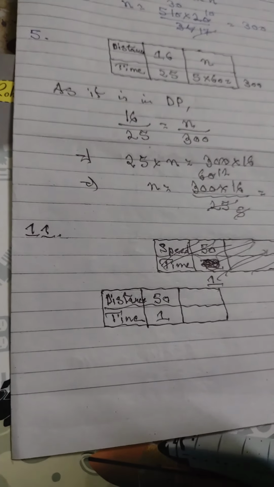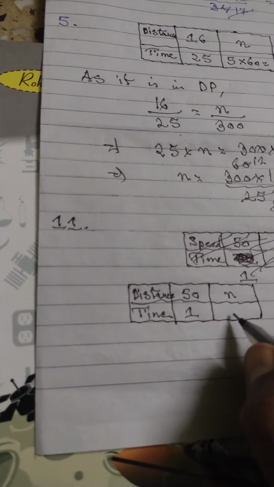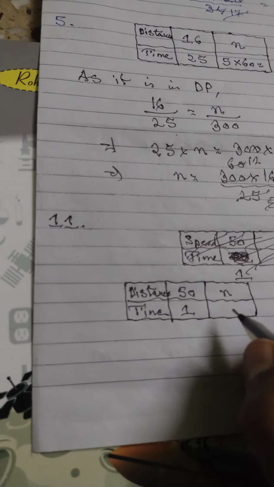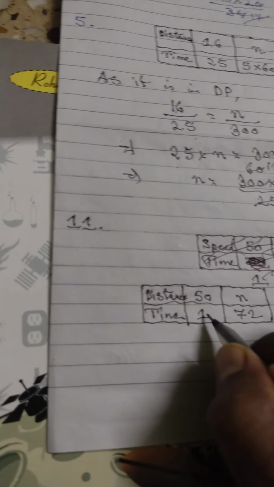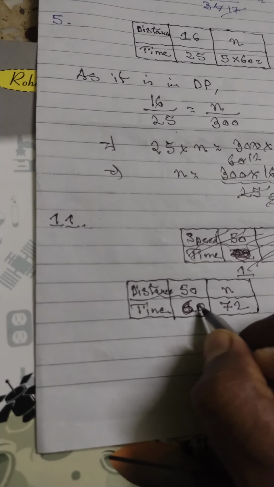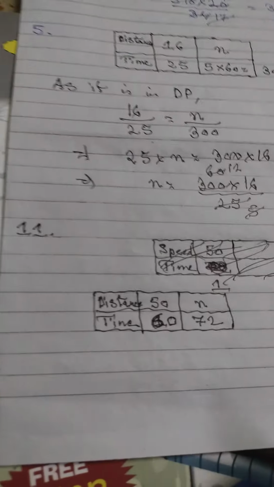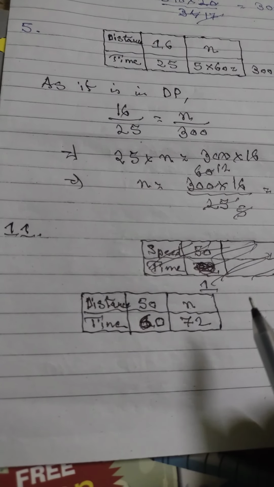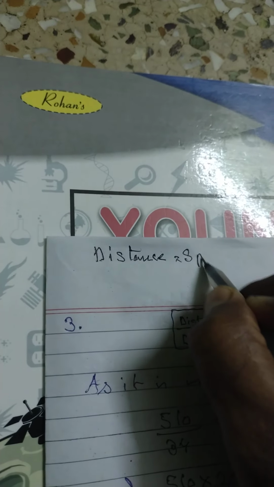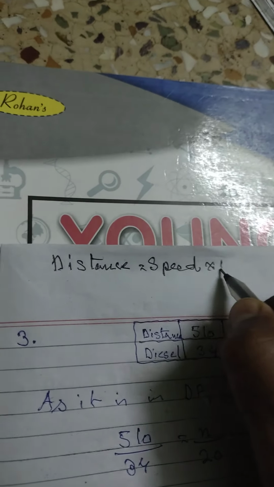So I'm writing here 1, and how much distance, so take as x, and see here 1 hour 12 minutes, so I convert into minute. So if I convert into minute, it will be 72. And 1 hour in minutes will be 60, so we have to write here also 60. See, in the question speed is given. So now see, I am writing three formulas. Distance is equal to speed into time.